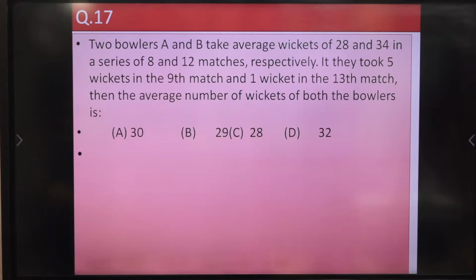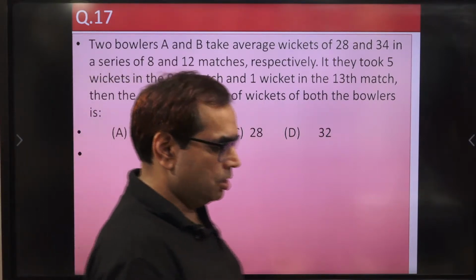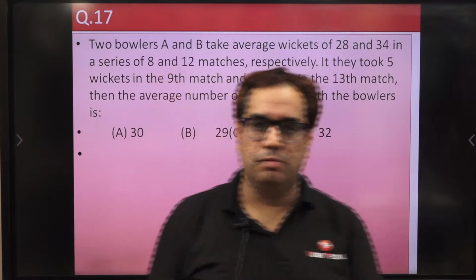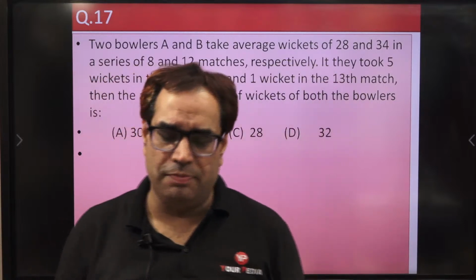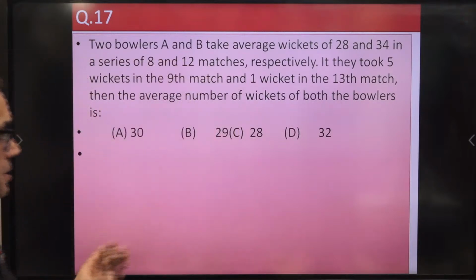This is from the chapter average. Average is also important for all competitive examinations, whether it is HPCL or CGPDDM prelims, or it may be HAL or BHEL. So think and try to solve and then provide your answer in the chat box.